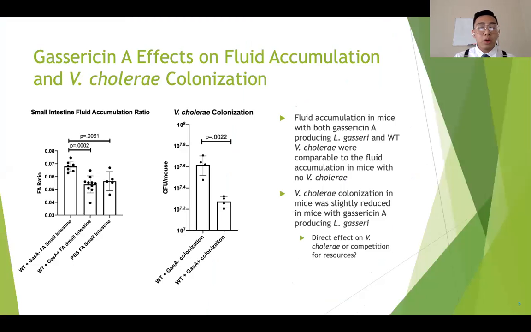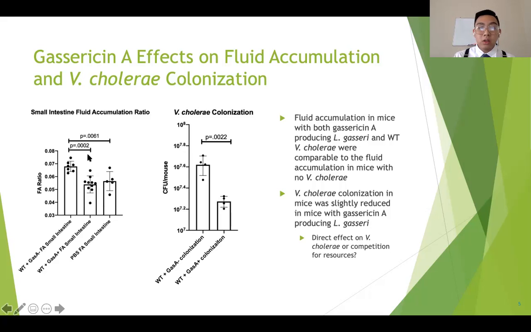So preliminary results show that Vibrio cholera in the presence of a non-producing strain, so 1131, gives a higher fluid accumulation ratio, whereas Vibrio cholera in the presence of gassericin A producing lactobacillus, so LA39, causes a lower fluid accumulation ratio.